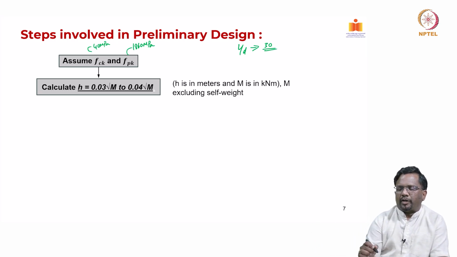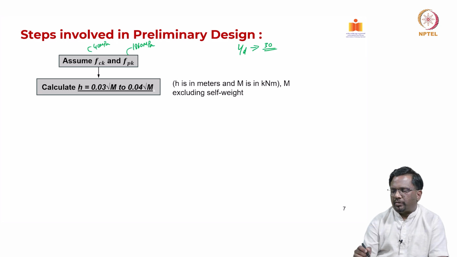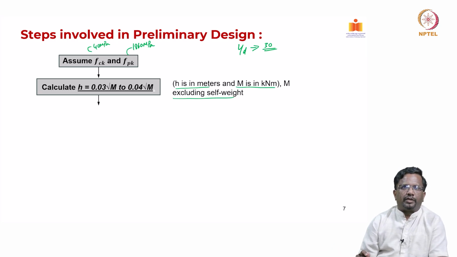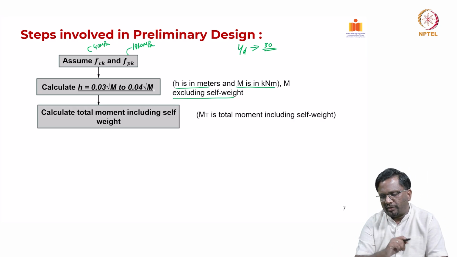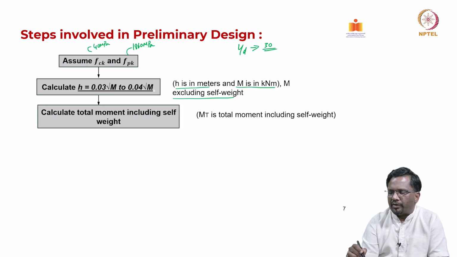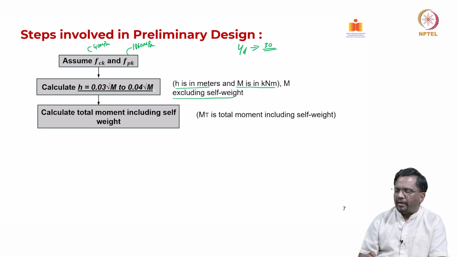Then the depth also can be calculated from this empirical formula, which is 0.03 square root of M to 0.04 square root of M, where h is in millimeters and M is in kilonewton meter, and typically M is excluding self weight. So, once we know the depth, how do we get M?